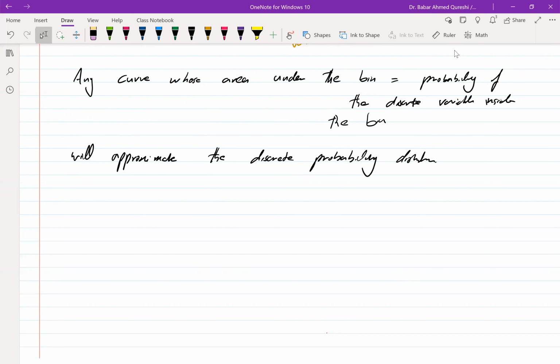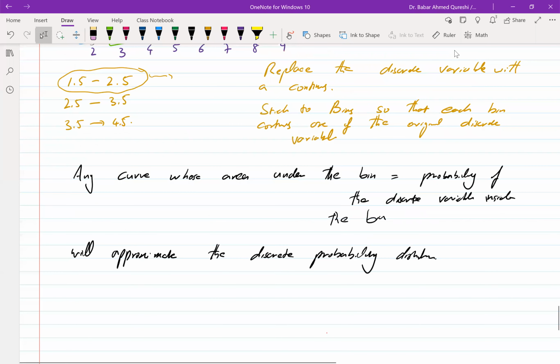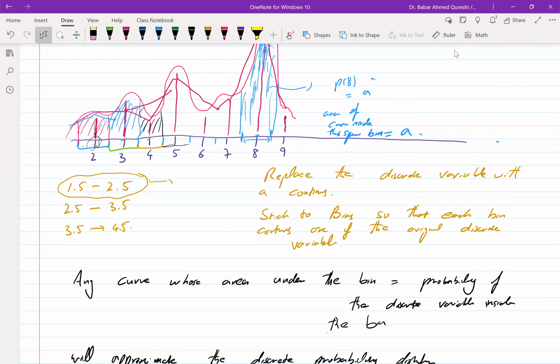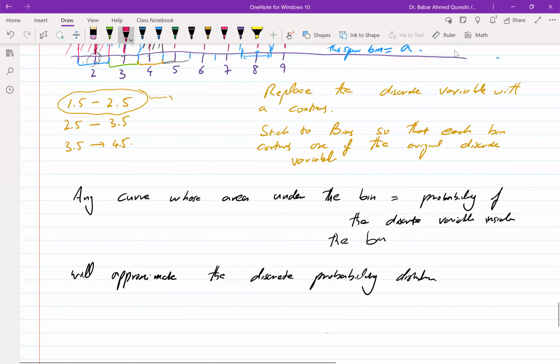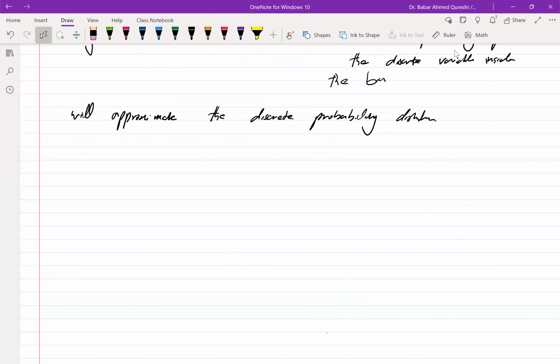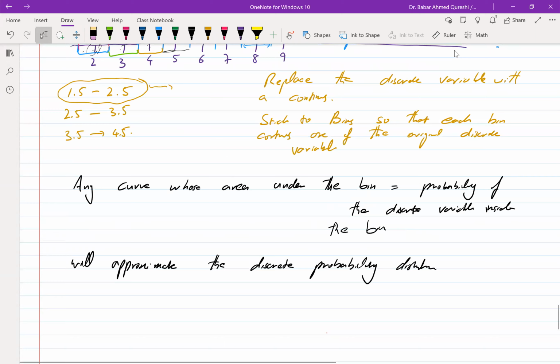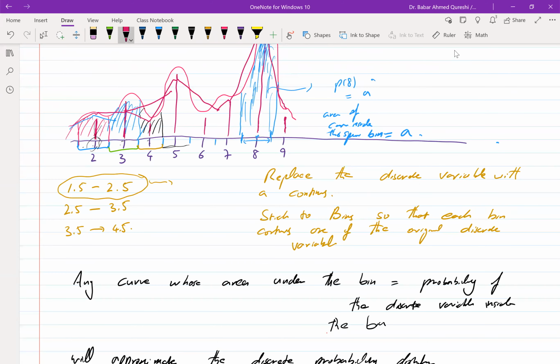Sir, the area gives us the probability. Yeah, which should be equal to the probability which is given by this line, which you already know. And actually, if you have chosen a bin of size 1, then since the base is 1, the height will be equal to the height of the function.